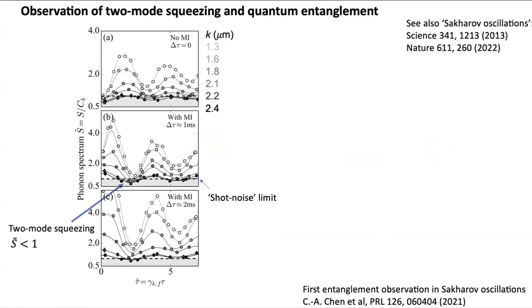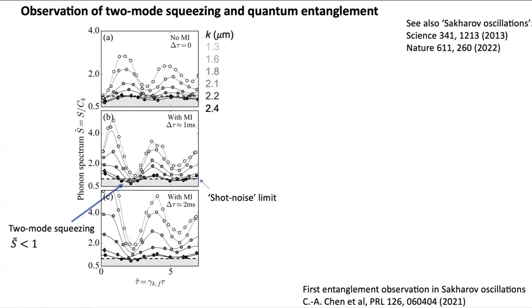In our experiment, we quench the attractive interaction and compare a few different situations: with modulation instability, no modulation instability, and with 1 millisecond and 2 milliseconds. We can see that with modulation instability, our initial fluctuation is large, and then after holding for some while, it goes down, even below 1 for some of the k factors.